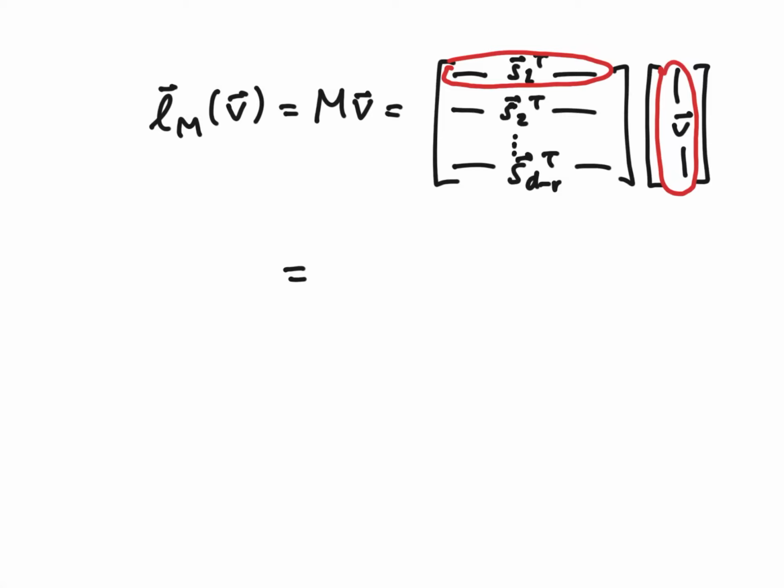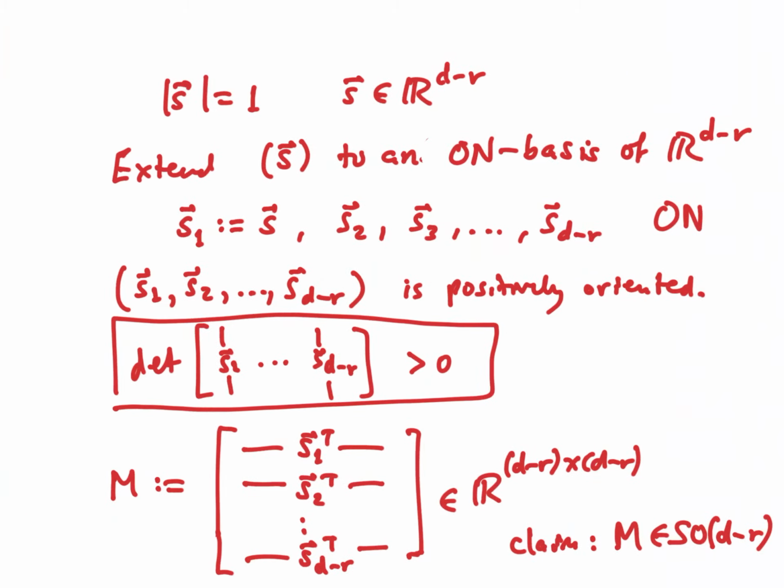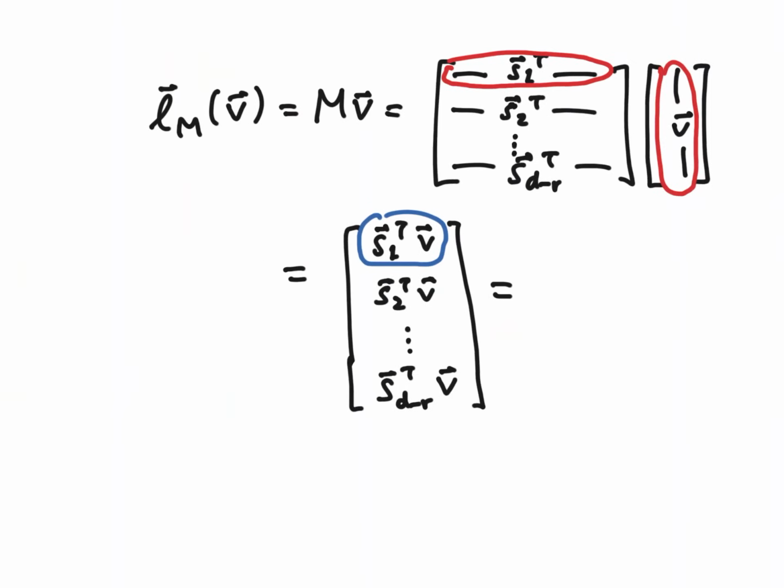Then you do the same with the second row, and then the third row, and so on. So what you get here is exactly S1 transpose times V, and then S2 transpose times V, etc. Okay, but notice that that first entry is exactly what we had here in the equation.